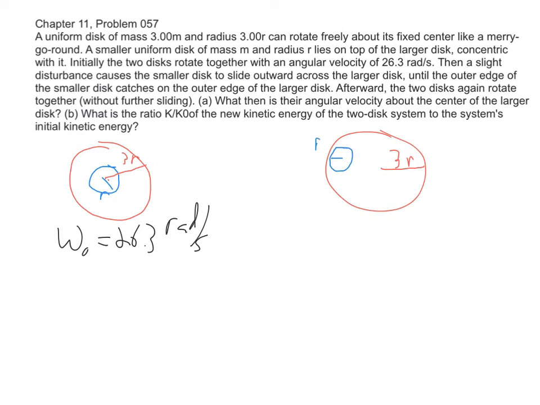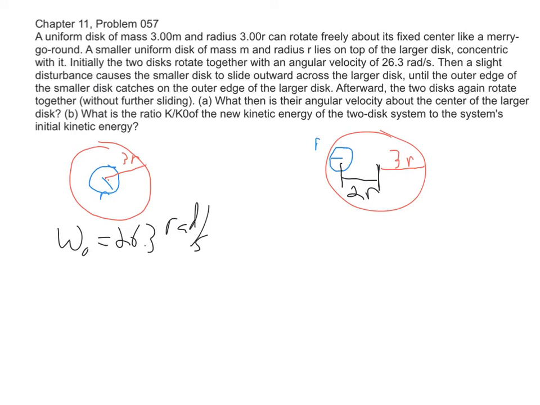And so the distance from the center of this guy to the axis of rotation must be, since the total radius of the red one is 3r and the blue one is r, that distance that's left must be 2r. That becomes important as we try to use the parallel axis theorem.